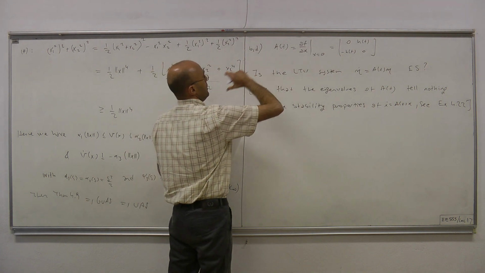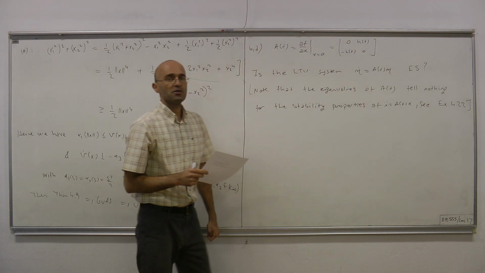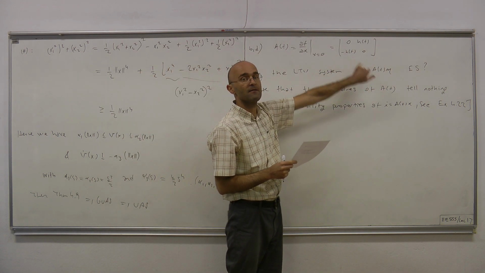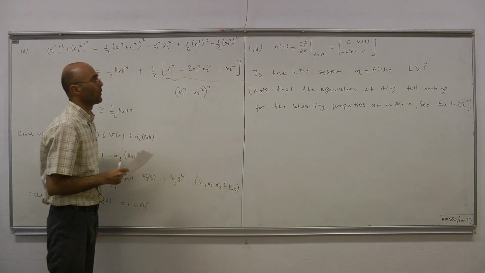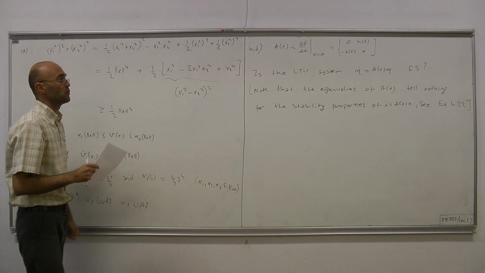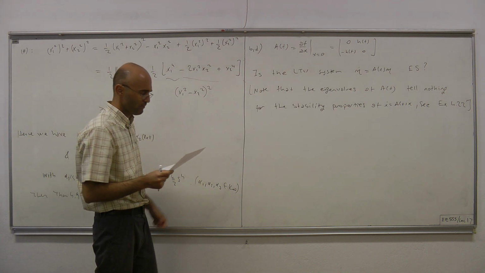Now, what we have is the linear system x dot equals A of t times x, and A of t we obtained here. Since we cannot use the eigenvalues, the only thing that we can use is the Lyapunov function approach.